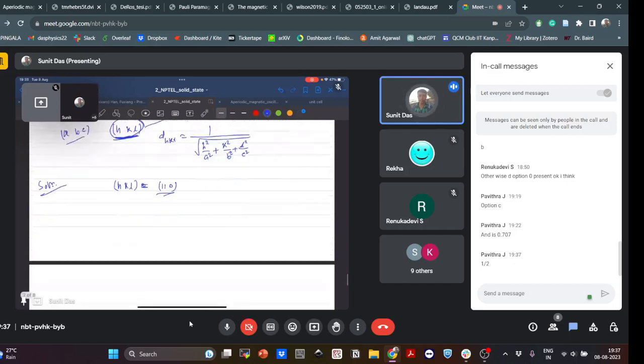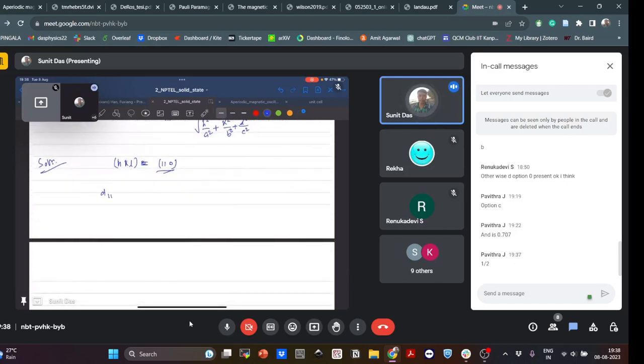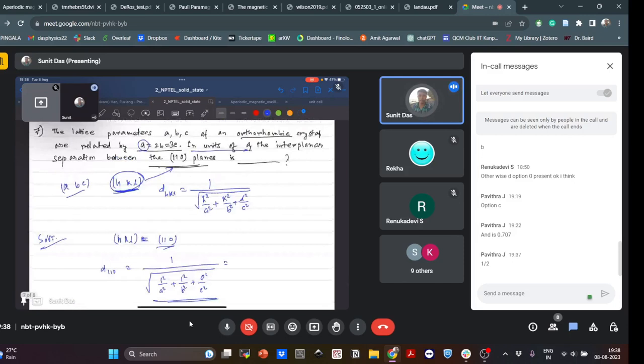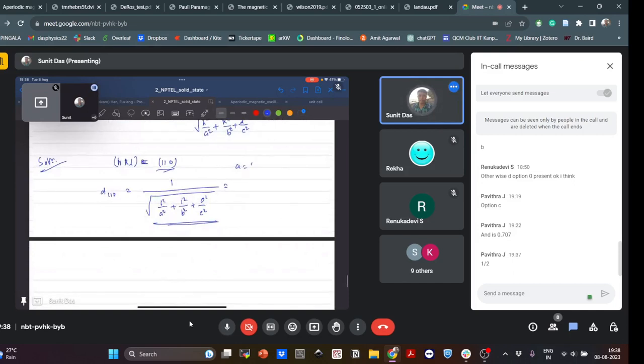So if we apply this formula, d110 equals 1 over the square root of 1 square by a square plus 1 square by b square plus 0 square by c square. Now in this way we'll get the answer in terms of a and b, right? But we need the interplanar distance in units of a, and for that we have the information given: a equal to 2b equal to 3c.